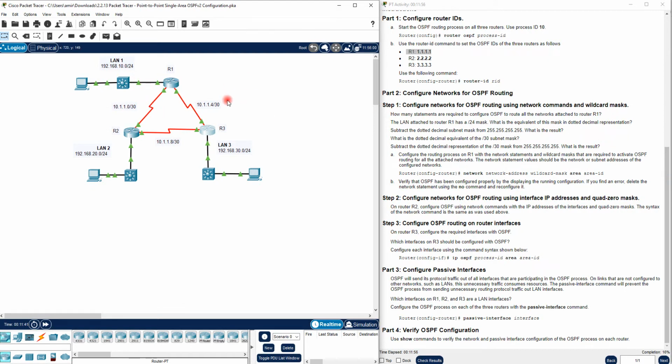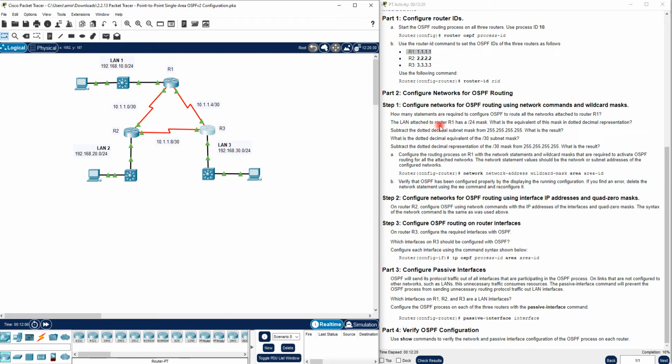We want to have 3 here because only the paths connected directly to router 1 are important for us, and we should advertise these 3 and send them to the DR, and the DR sends them to all of the routers in this topology and in this network.